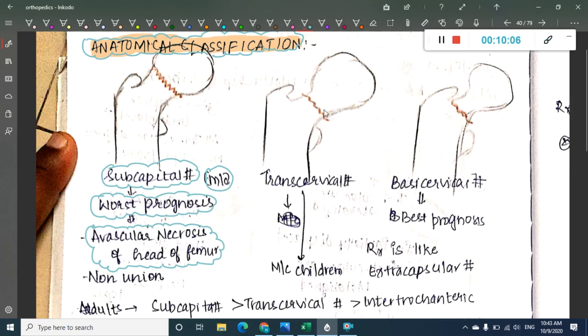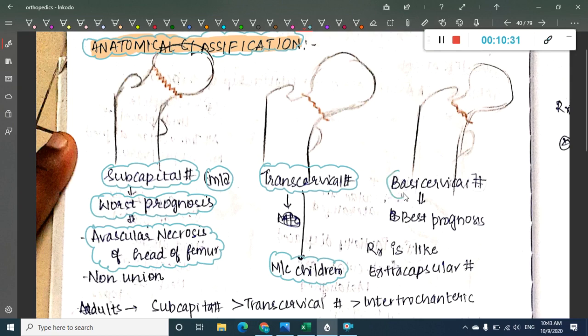Next we have the transcervical type. What does this transcervical type include? The name says trans is through, cervical is neck. So here the fracture line is present through the neck. This transcervical type is the most common type which you see in children. Okay, then you have the next type which is called the basicervical type.